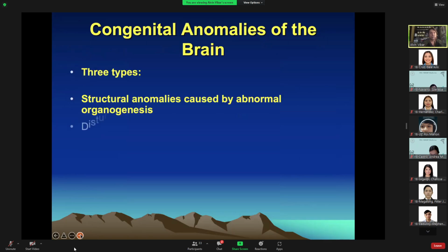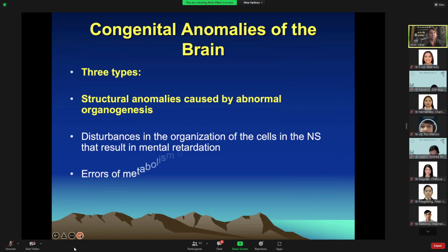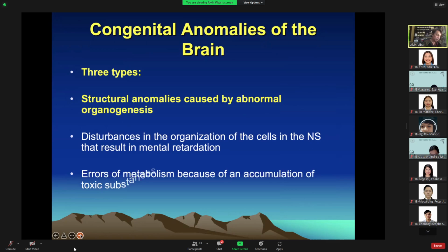These are the three types of congenital anomalies of the brain. As a result of structural anomalies caused by abnormal organogenesis, disturbances in the organization of the cells in the nervous system, resulting in mental retardation and errors of metabolism because of accumulation of toxic substances.